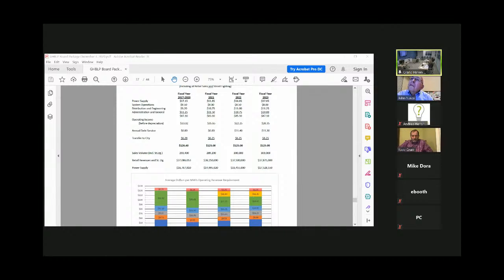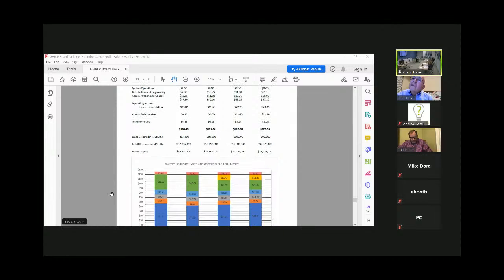The average revenue requirement for the last 4 years is $126.40 per megawatt hour, or 12.64 cents per kilowatt hour. The difference between that number and the number I reported to you earlier in comparison to other utilities is that this number includes street lighting.